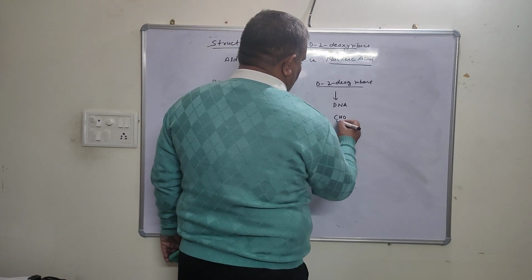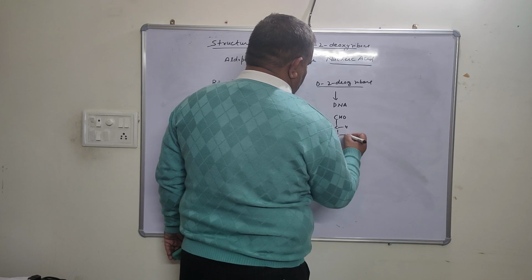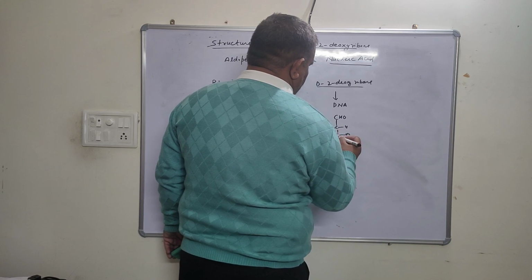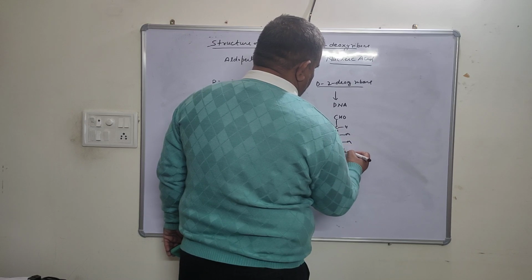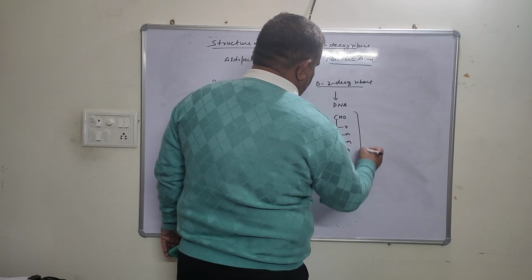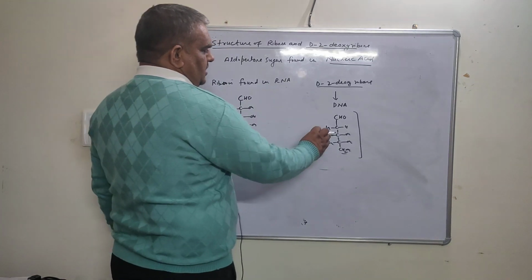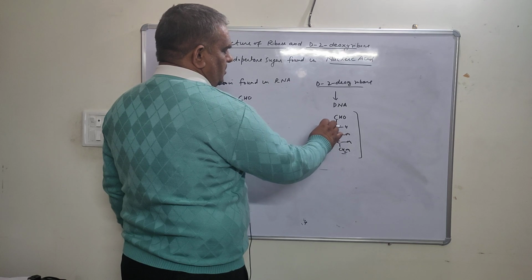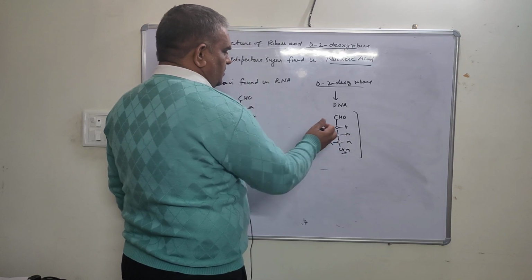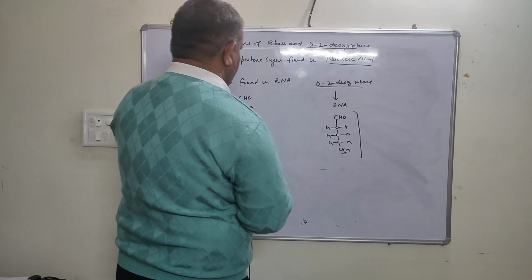This is the structure of deoxyribose: H, H, OH, H, OH, H, CH2OH. क्योंकि सेकंड कार्बन पे OH रिप्लेस हुआ H के द्वारा, तो D stands for removal of oxygen, that's why D2-deoxyribose.